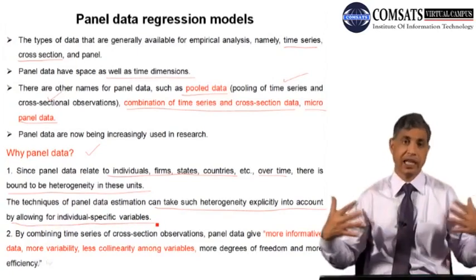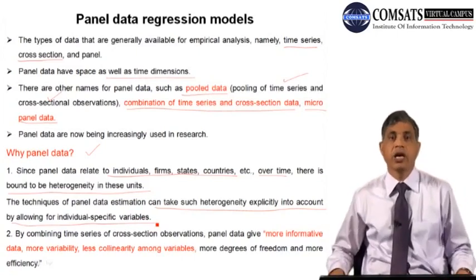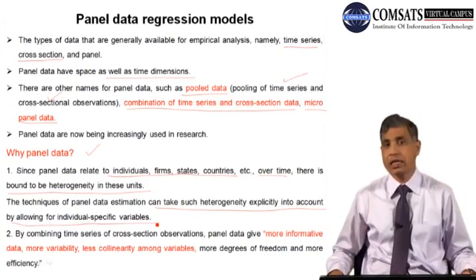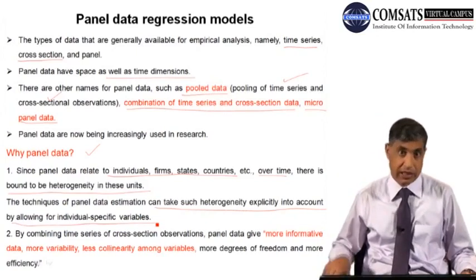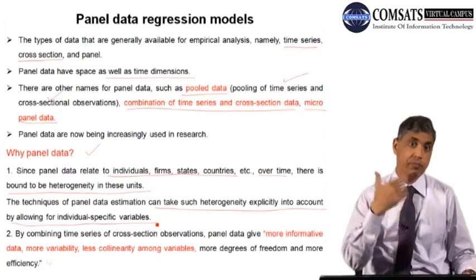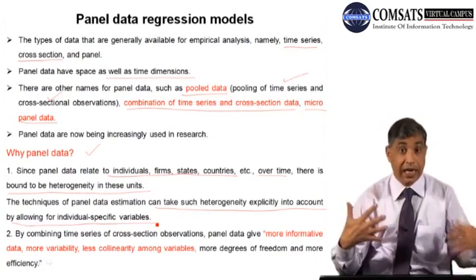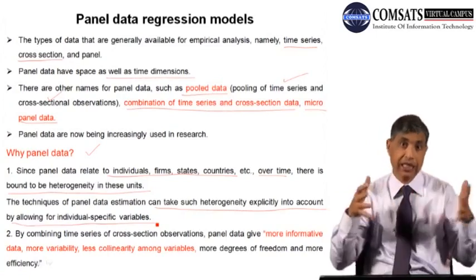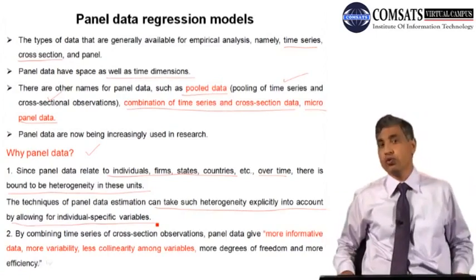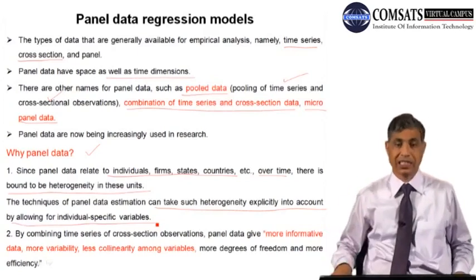As I said, when there is heterogeneity, Pakistan will be different from Sweden, and Sweden will be much different from Nigeria. If there is heterogeneity, the panel data estimation techniques are already built in such a way that they explicitly take care of this phenomenon. As you know, we say that there should be no heteroscedasticity.